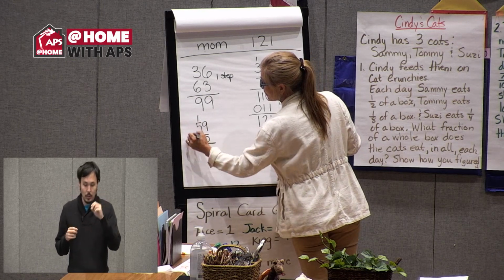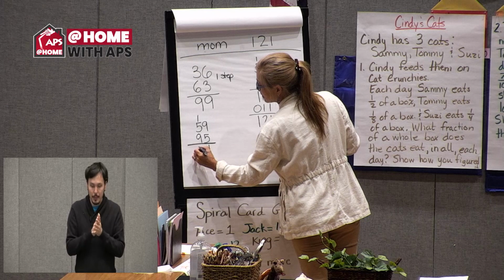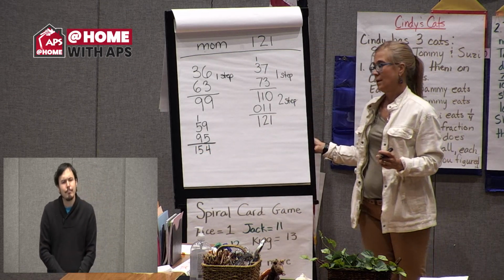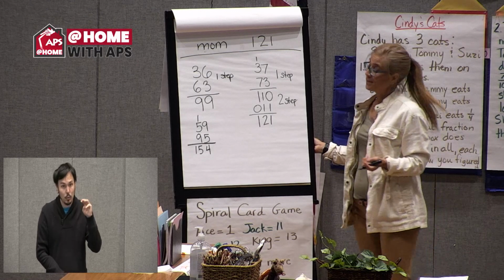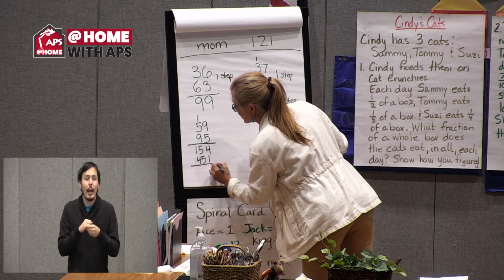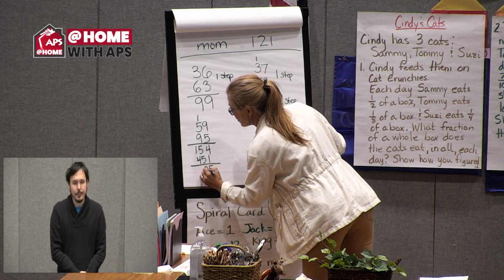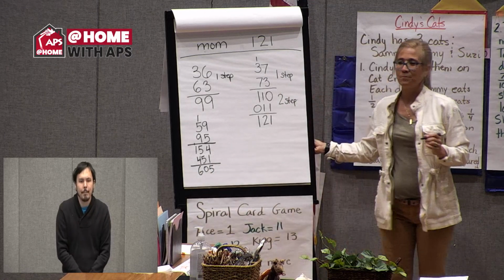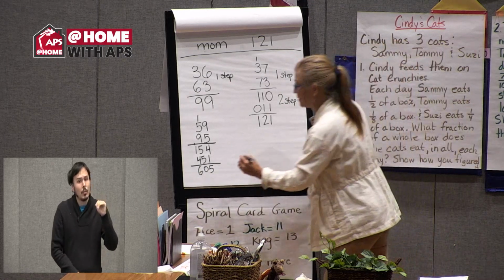And then that makes another 10. So 154. Is that a palindrome? Not yet. So let's try adding the opposite to it. See what we get. Is that a palindrome? Not yet.